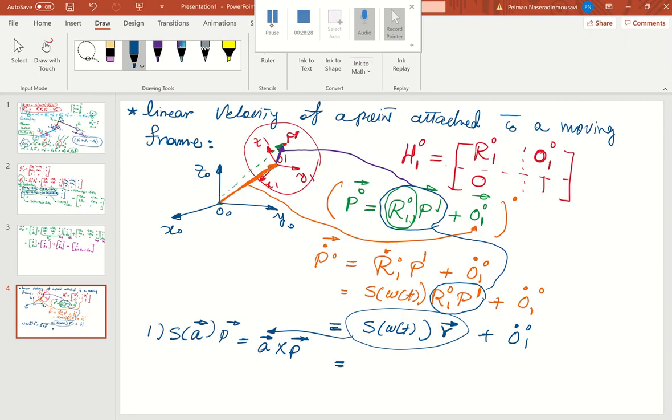So exactly you have this side, I'm going to transfer to omega multiplied by R. Your P here is R, your A is omega, right? So plus O dot, origin of 1 with respect to origin of 0.